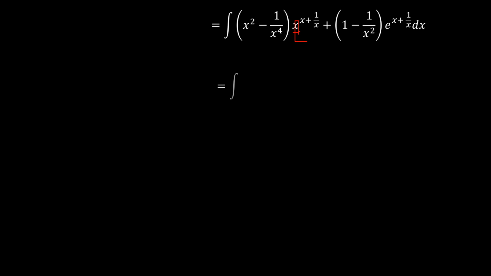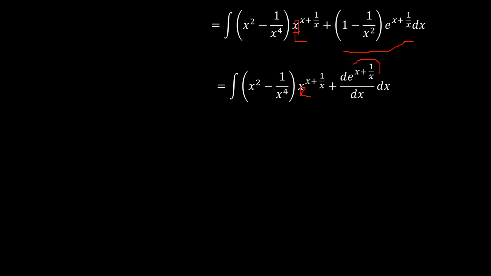We can abbreviate that into the integral of x squared minus 1 over x to the power 4 times e to the power x plus 1 over x times the derivative of e to the power x plus 1 over x, because this entire term is the derivative of this.